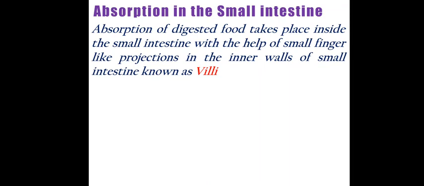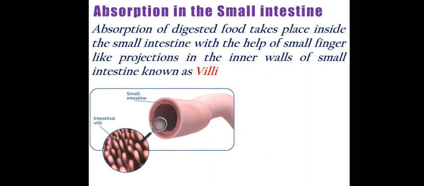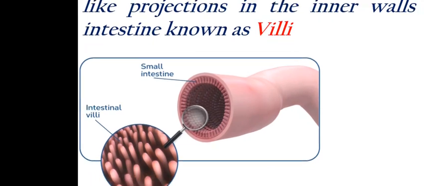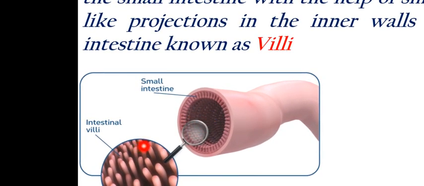Now inside the small intestine, if you can see the structure of small intestine, it is very irregular from inside. As you can see, in this intestine there is a projections like structure inside the small intestine. So these projections are known as villi. So these finger like projections are known as villi.